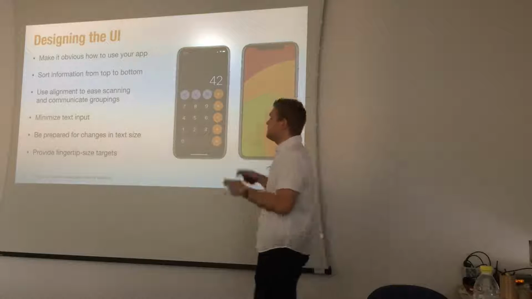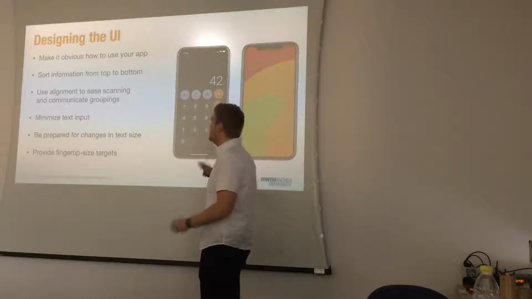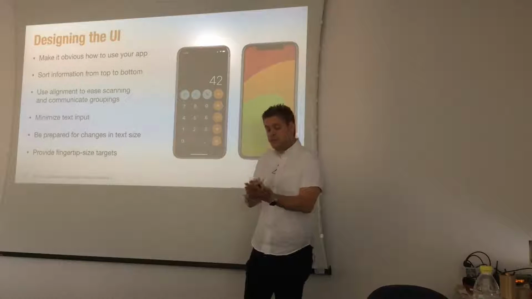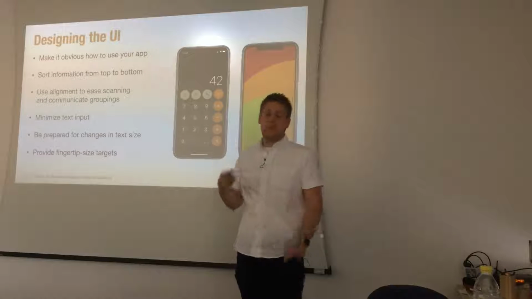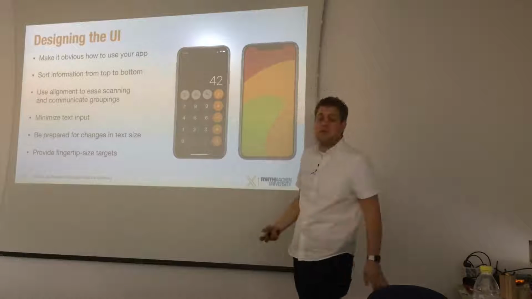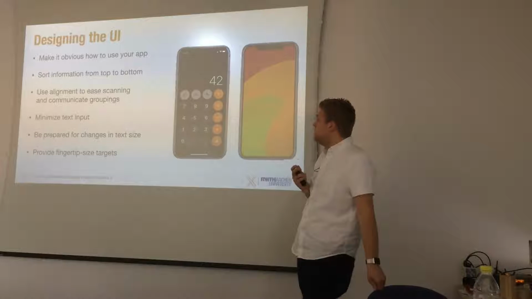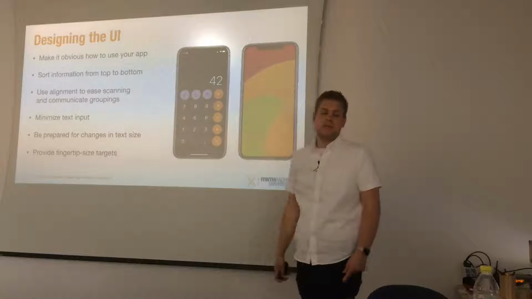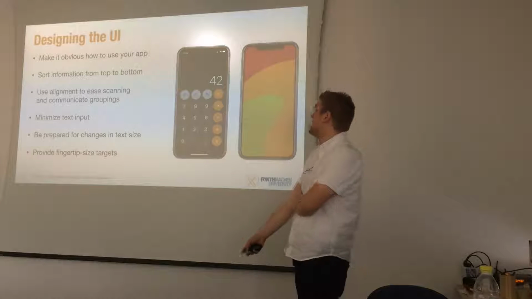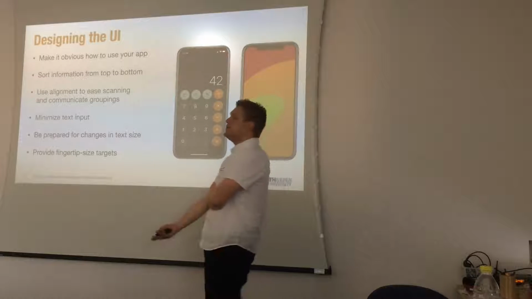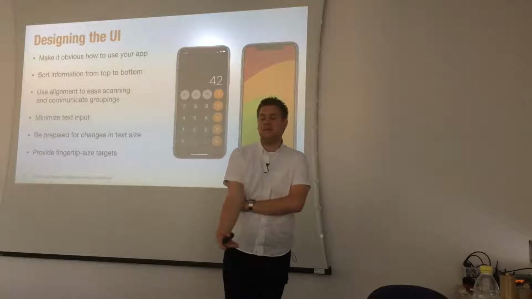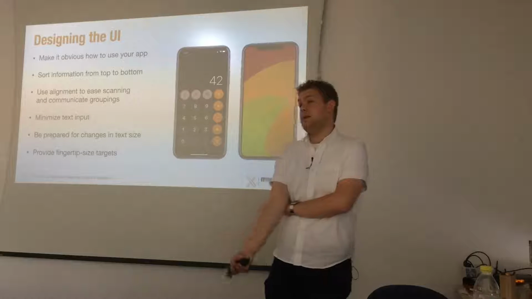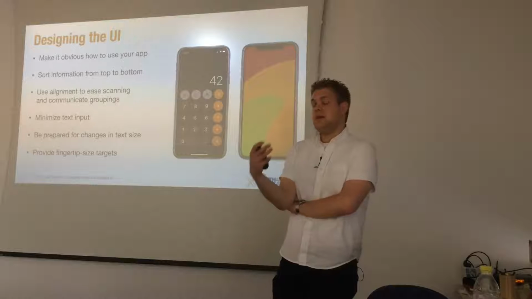Of course, things come along with this: provide fingertip-sized targets. Nobody wants to spend time being able to precisely click on one digit of this calculator interface. And what's more, be prepared for changes in text size. What this means is mobile phones are typically something that people want to use easily, and they are on the go.